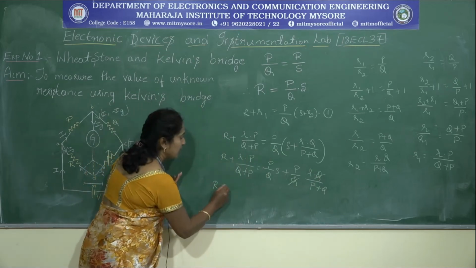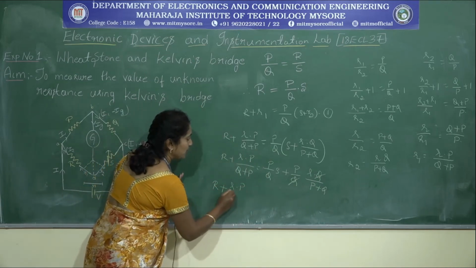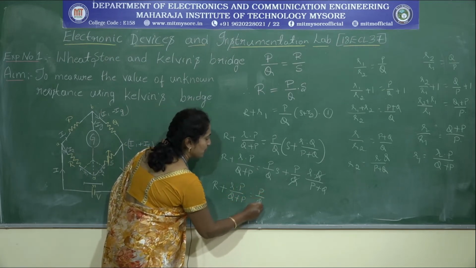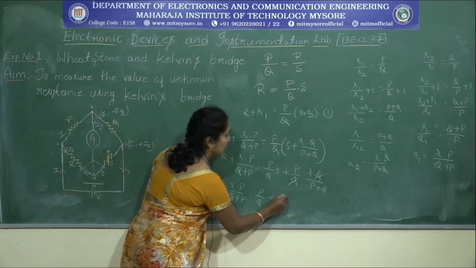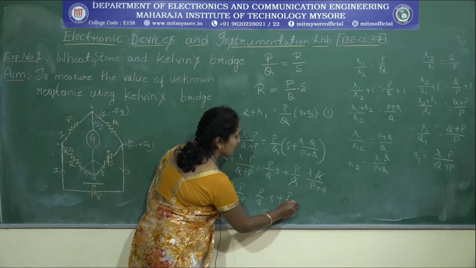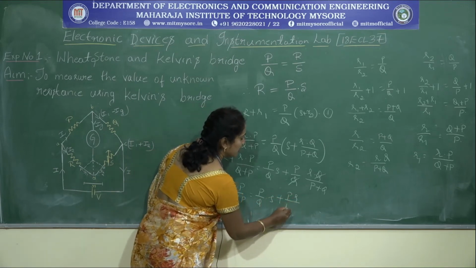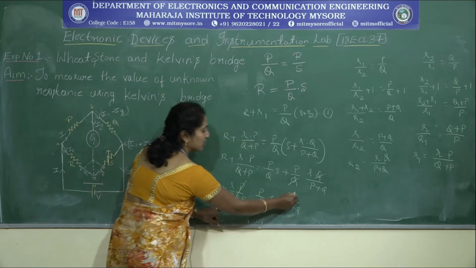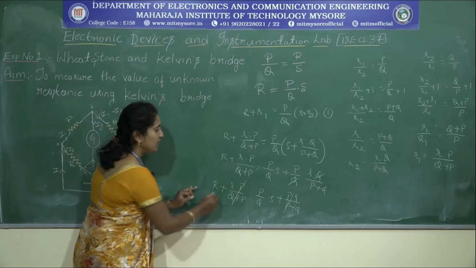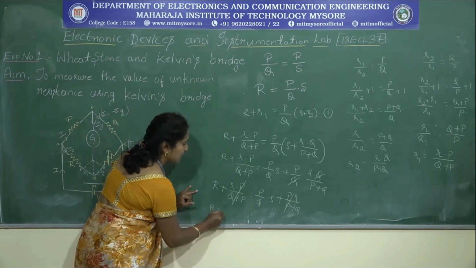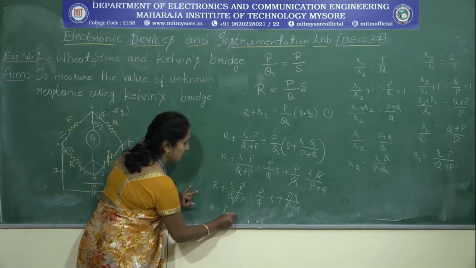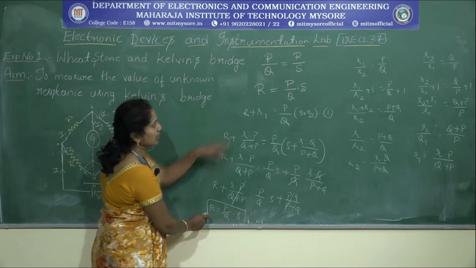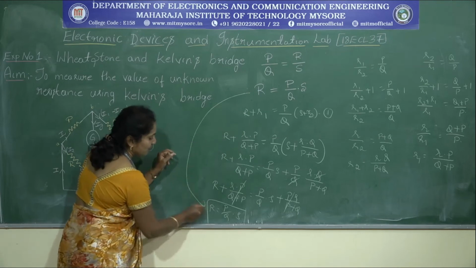Next, R plus R into P divided by Q plus P is equal to P by Q into S plus P into R divided by P plus Q. Here also this term is going to cancel. I will write R is equal to P by Q into S.